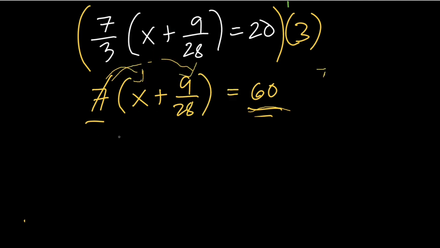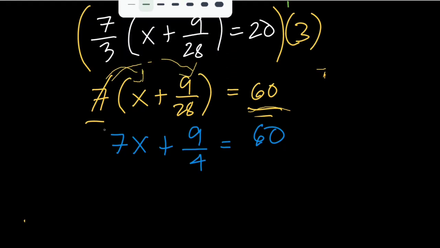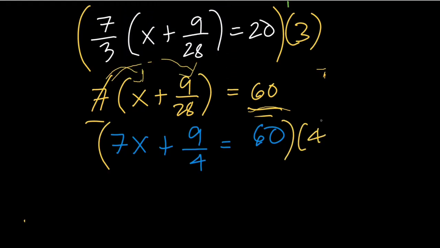So if you want to distribute that, 7x plus 9. 28 is divisible by 7, so this will become 9 over 4. And this is 60. So you still have fractions there. You have 4, so you can multiply both sides by 4. So this is 28x plus 9. What is 60 times 4? 240.